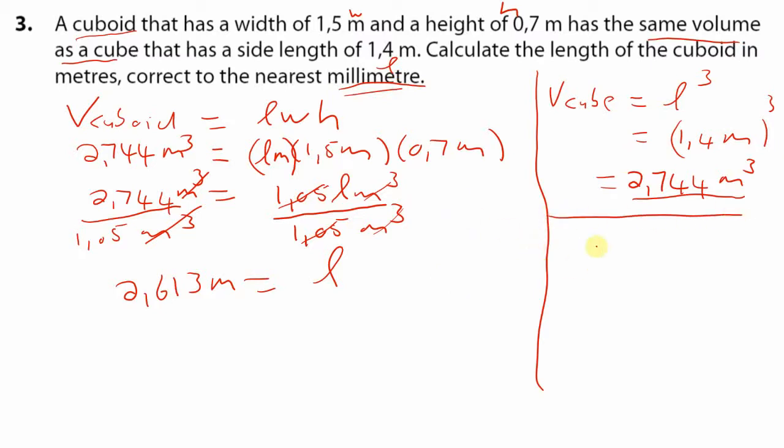Okay, so let's see. Firstly, how many centimeters in a meter? Yes, 100 centimeters in a meter. So 1 meter is equal to 100 centimeters. So we can replace, so let's first do that.